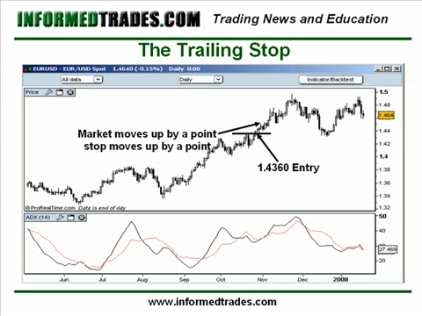But if after the market moves up to 144 it pulled back to say 143.80, your stop is still going to be at 143, because the trailing stop only moves when the market moves in your favor. It does not move when the market moves against you. That's sort of the purpose of it.